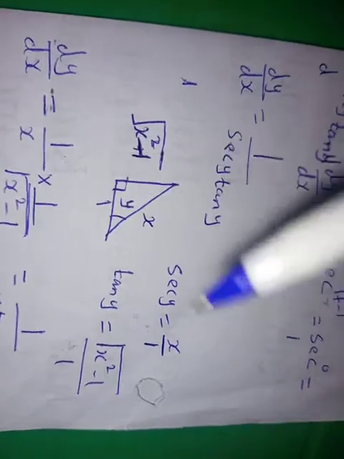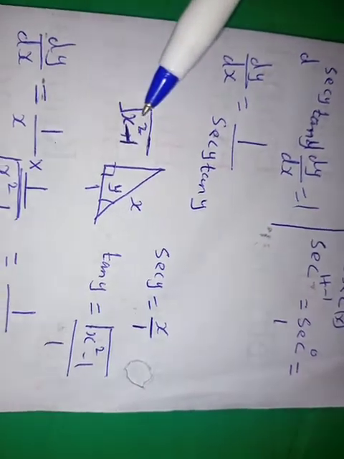Now, using a right angled triangle, we know sec is given by hypotenuse divided by adjacent. Tan y is given by opposite over adjacent. Here, this side is the square root of x squared minus 1 using Pythagoras theorem.